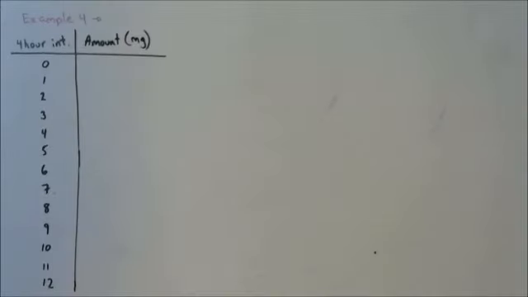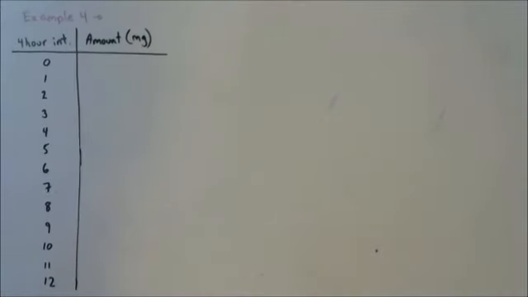We need to make a table of values showing the amount of medicine remaining in the body after each 4-hour period interval. All right, so you have a table listed for you there. I have one too, and we're just going to do this paper and pencil style. You could do something like this in a spreadsheet, but basically we're going to fill in the chart based on what we know.